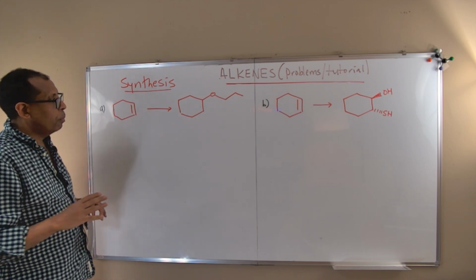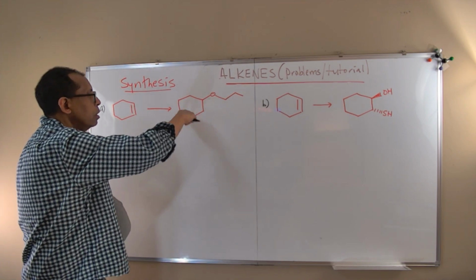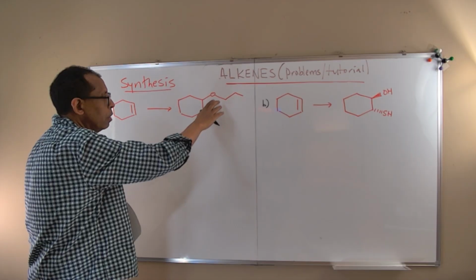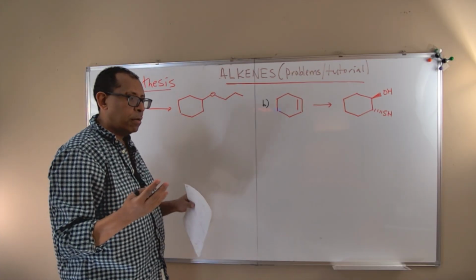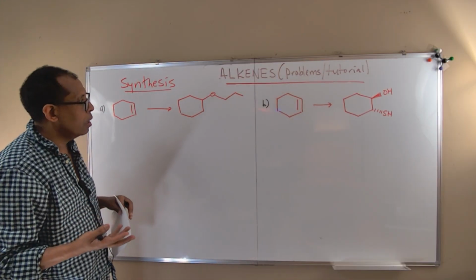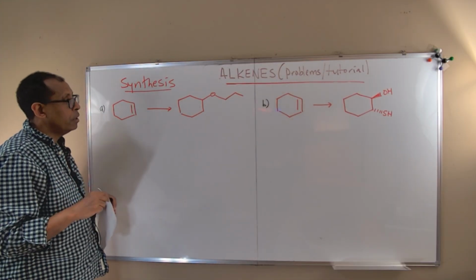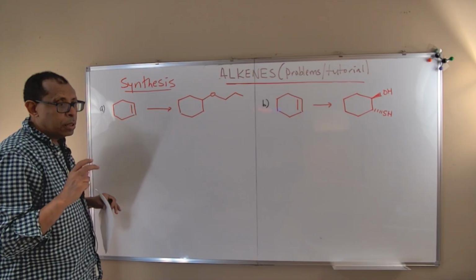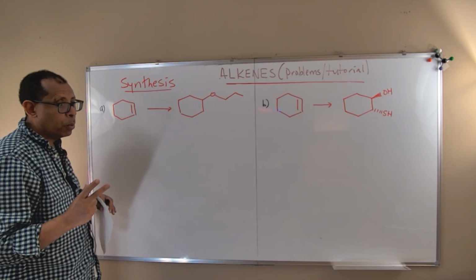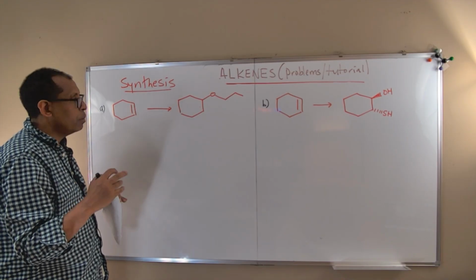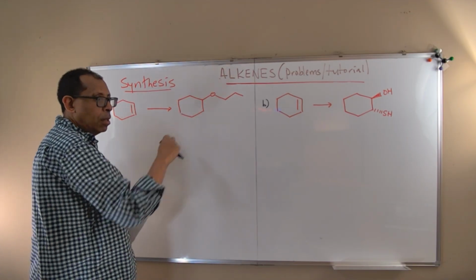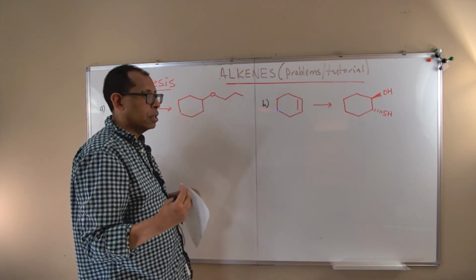From the outset, what you see here is an ether functional group. Ethers, if you remember in chapter 10 of our video series, can be synthesized using Williamson ether synthesis.